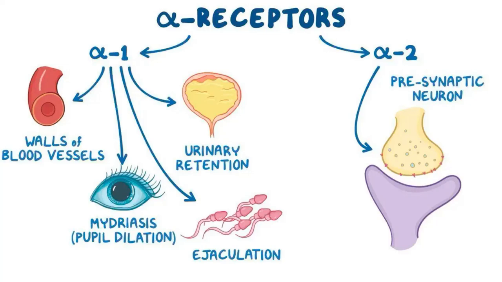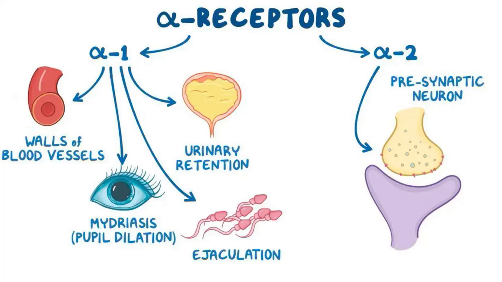In a fight or flight response we want the pupil open so your peripheral vision opens up and you can get more light in. Urinary retention, and of course, ejaculation. The alpha 2s are on the presynaptic neurons inside the brain.